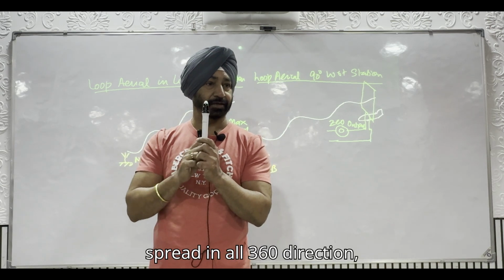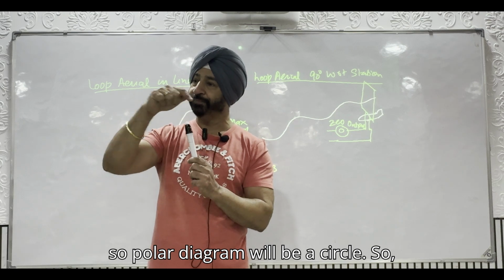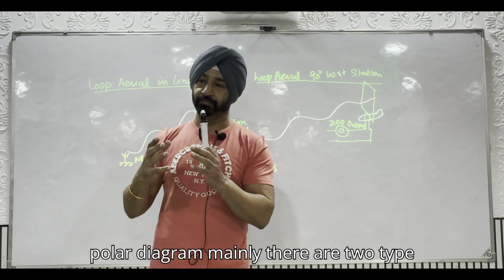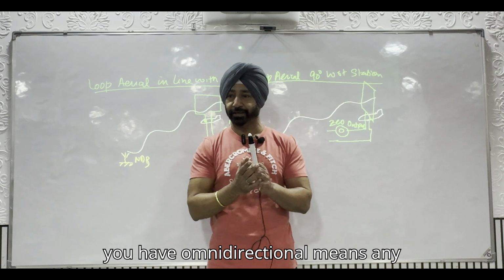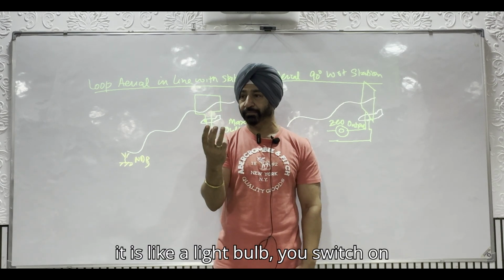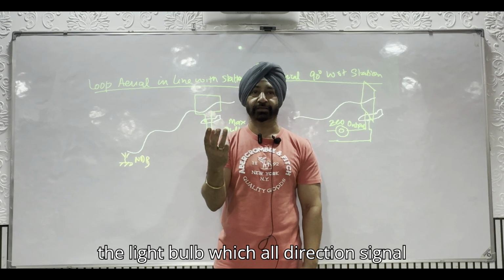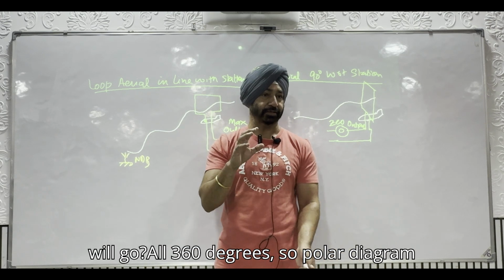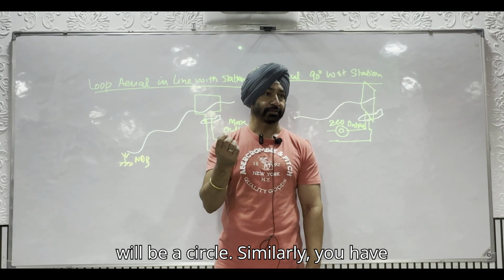In all 360 directions. So the polar diagram will be a circle. There are mainly two types of polar diagram. You have omnidirectional, meaning any antenna which can receive from all directions. It is like a light bulb. You switch on the light bulb, in which directions will the signal go? All 360 degrees. So the polar diagram will be a circle.